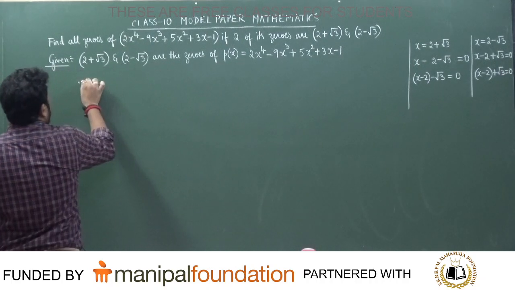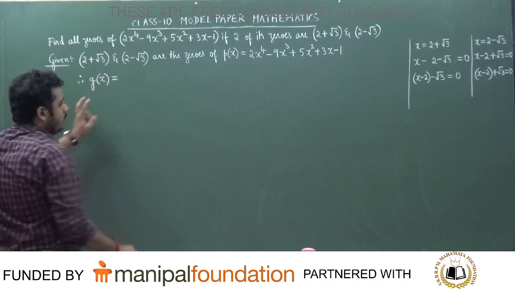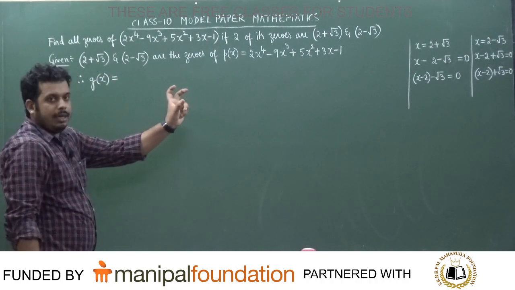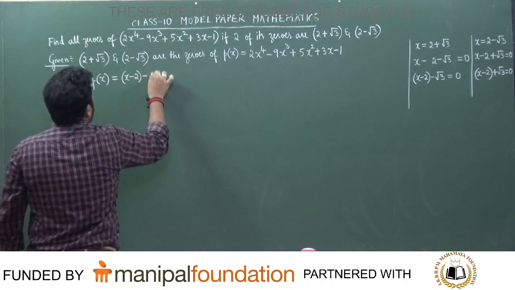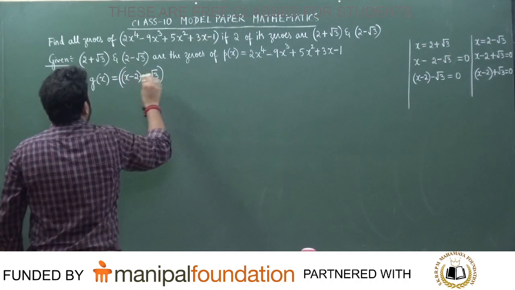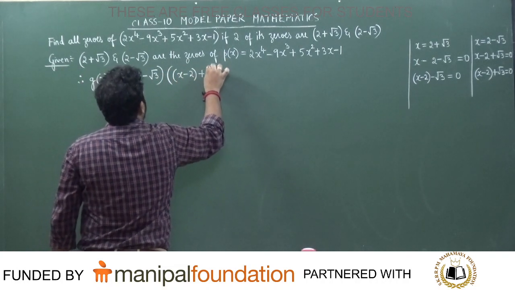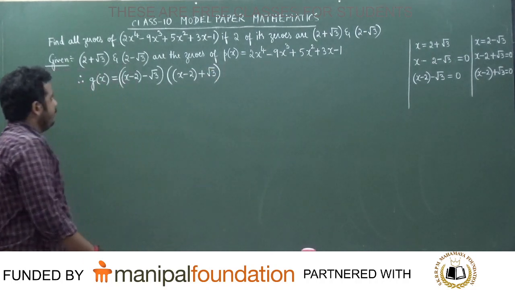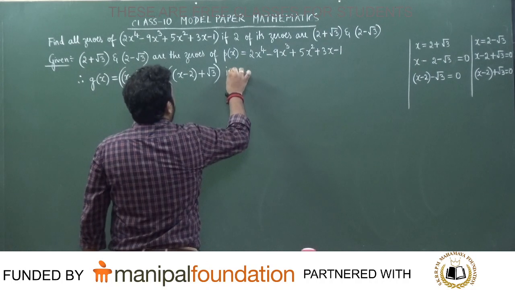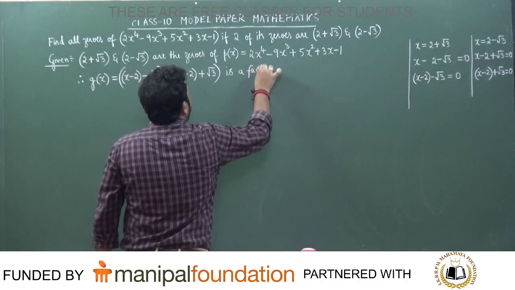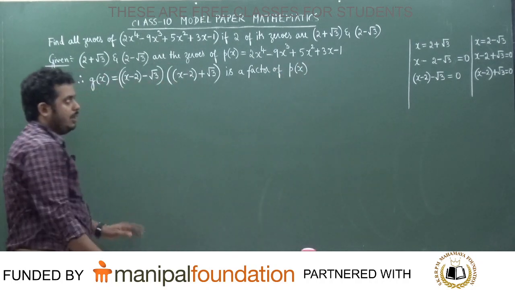Therefore I can say g of x is equal to, all of you see here, join them and multiply together. g of x is equal to x minus 2 minus root 3 into x minus 2 plus root 3. It is a factor of p of x.